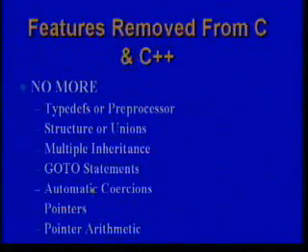All these features existed in earlier versions, the predecessors such as C and C++, and have been removed in Java. So you will not find pointers or features to manipulate pointer arithmetic, and no goto statement.